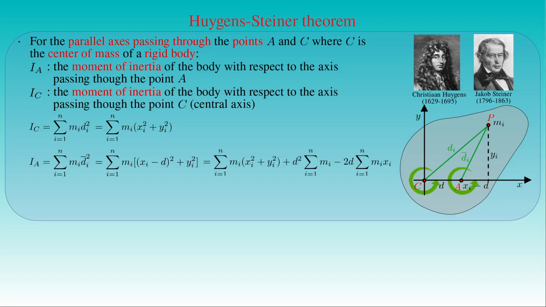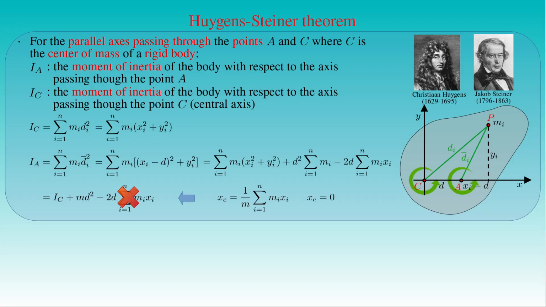We can recognize the moment of inertia IC in the first term in the right-hand side, whereas the sum in the second term gives the total mass of the system of point masses approximating the rigid body, that is the mass m of the body itself. Because the x-coordinate of the center of mass C of the body is given by 1 over the mass m times the sum of the mass mi times xi from i equals 1 to n, which vanishes in the coordinate system with the origin at the point C, the last term in the right-hand side also vanishes.